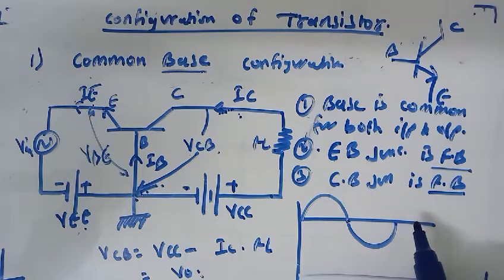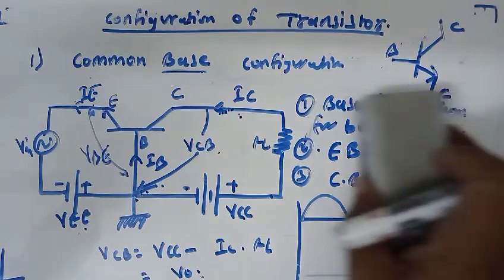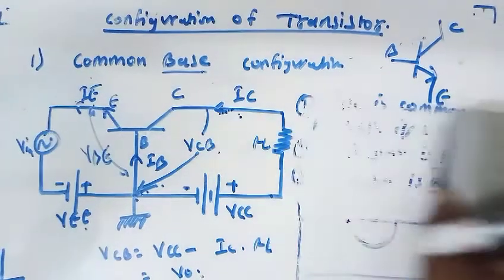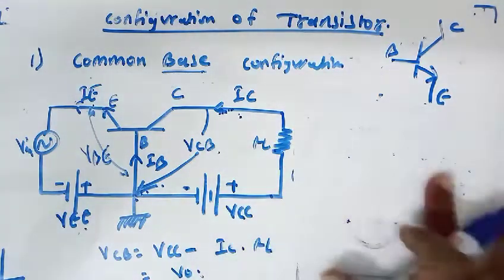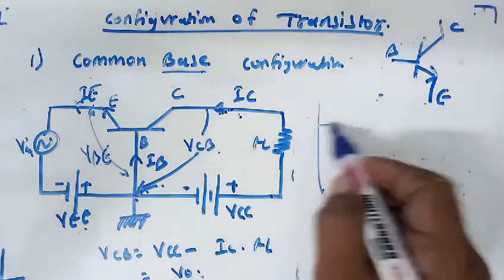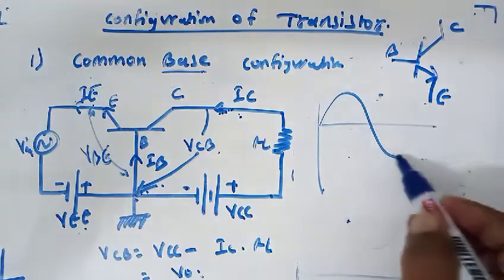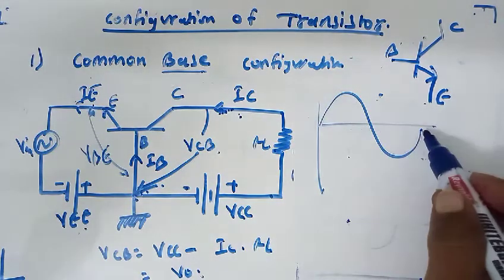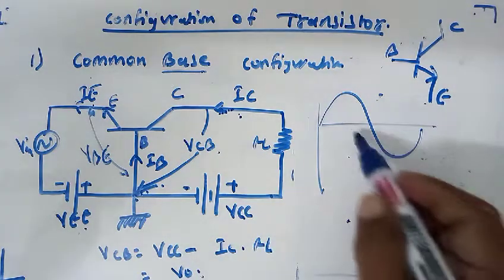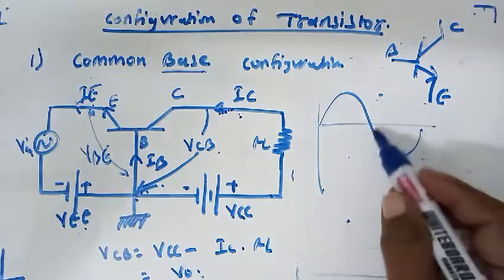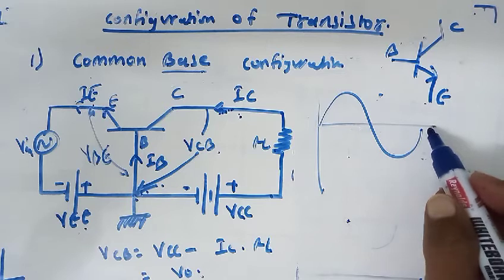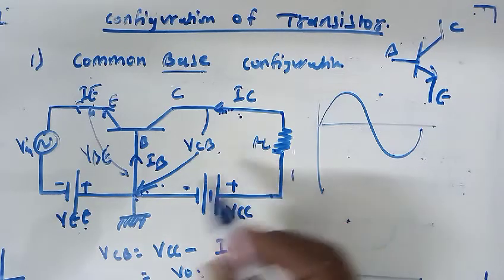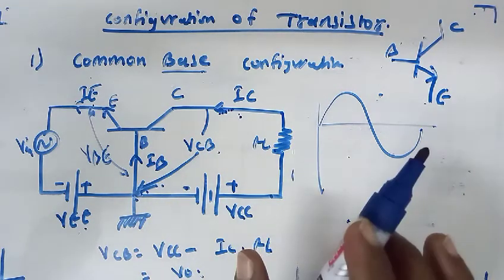Okay students, so at this one, this is the input positive and negative. As I told you, for the positive value and the negative value, at one particular instant the input resistance will be the lowest and the output resistance will be the highest for this particular configuration.